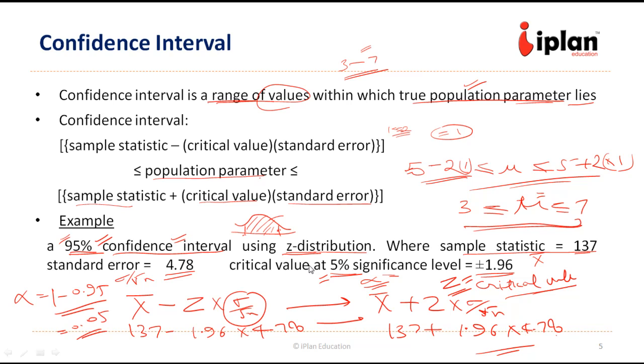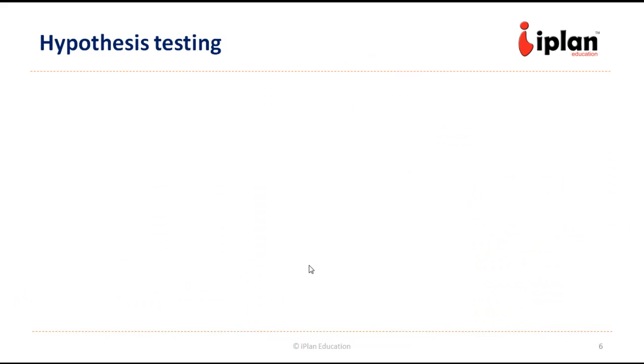Let us look at hypothesis testing, the main concept. In hypothesis testing, we have two hypotheses. One is the null hypothesis, which is represented by H naught, and then there is the alternative hypothesis, which is represented by HA.